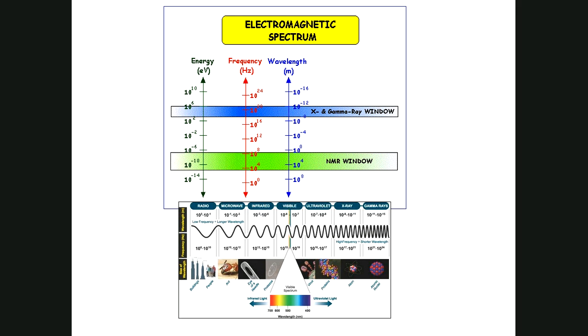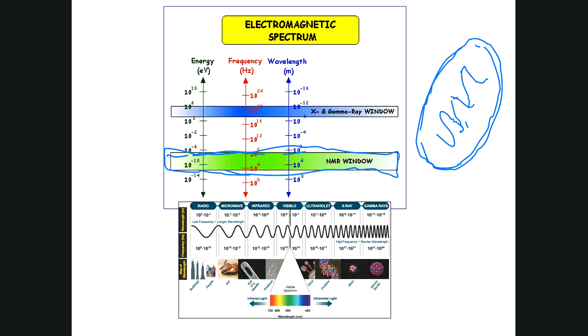So that energy that is given off is called the emitted energy. If you look at the electromagnetic spectrum, the window for NMR in general, or MRI, remember I said MRI, NMR, it's a sort of a mixture of both. It's somewhere here. And the reason it's highlighted here, this is the radiation, if you want to use the term from X-rays, this is the given off radiation.